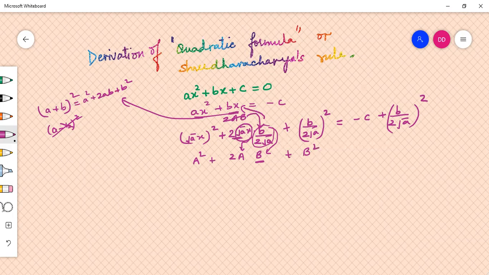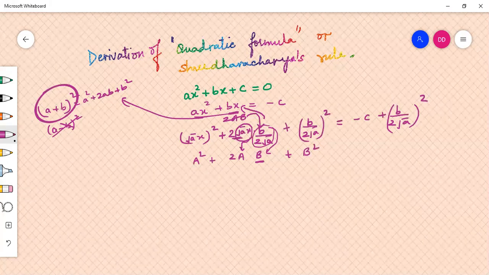a² + 2ab + b² is the formula for (a + b) whole square. So my a is √a x, my b is b over 2√a, whole squared. And this becomes b² over 4a, writing this term, and writing minus c.